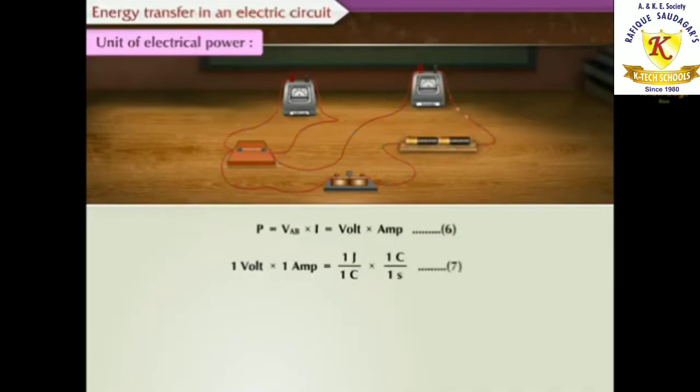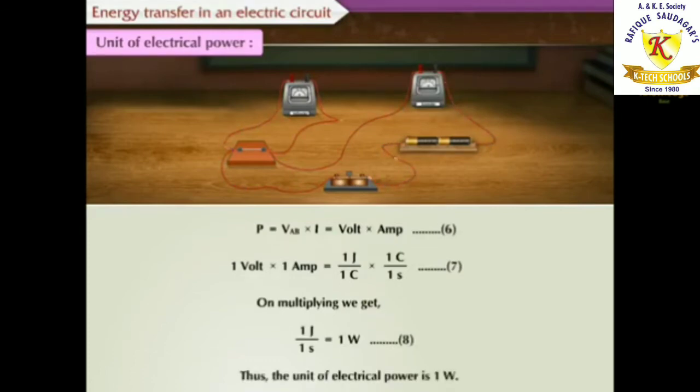Let this be equation number 7. Now on multiplying, we get 1 joule upon 1 second is equal to 1 watt. Let this be equation number 8. Thus, the unit of electrical power is 1 watt. Okay, children? The unit of electrical power is 1 watt.